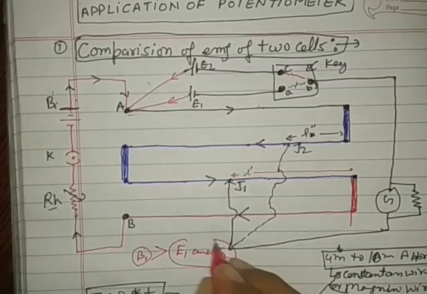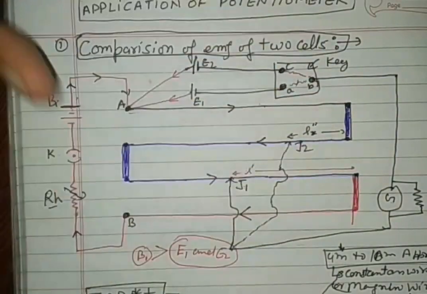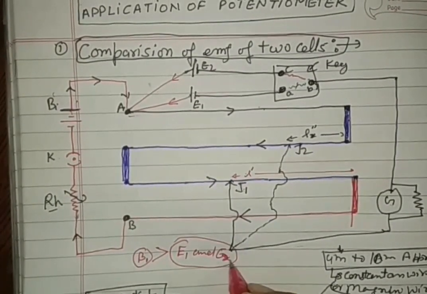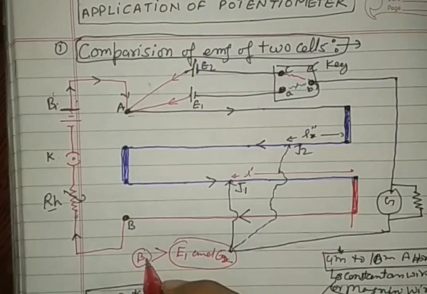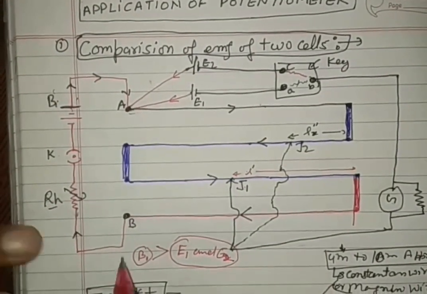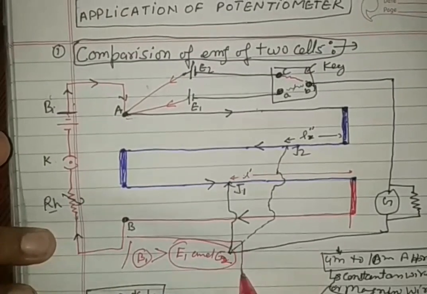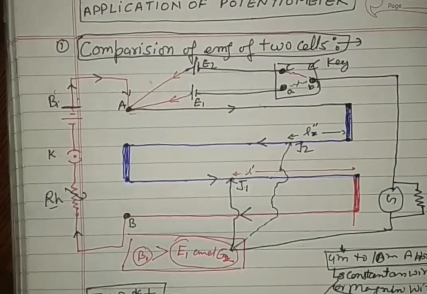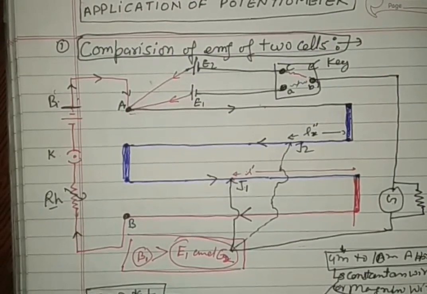It is compulsory. Otherwise, the experiment cannot be performed. Null point cannot be obtained. Null point can be obtained only if the battery has a higher potential difference than this. This is the first precaution we must keep in mind.